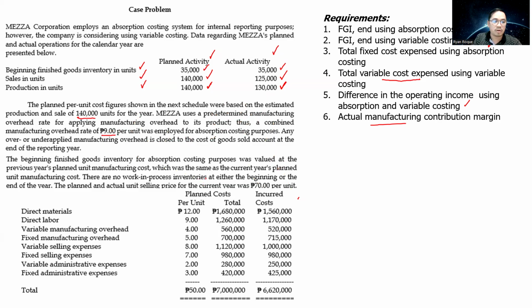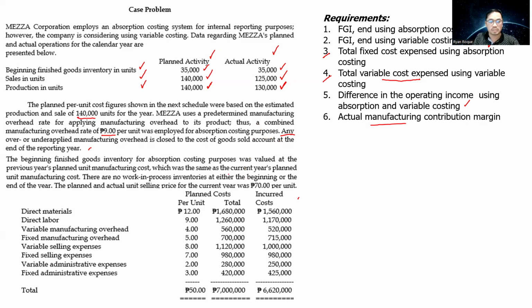Any over or under applied manufacturing overhead is closed to the cost of goods sold account at the end of the reporting year. So questions number 3 and number 4 will be the somewhat challenging ones because of this statement that any over or under applied overhead is closed to cost of goods sold, meaning that would affect the amount to be expensed because cost of goods sold is an expense account.